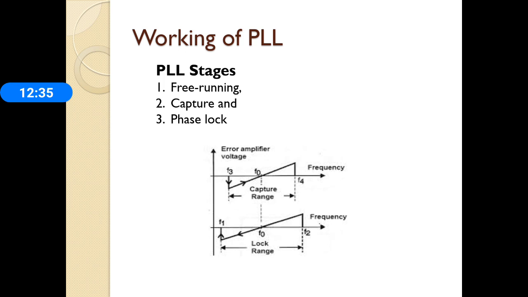This resulting error voltage is then filtered, amplified, and the amplified voltage Vd is applied to the control terminal of the VCO. The VCO frequency becomes equal to the input signal frequency, that is F0 equals Fi. The VCO frequency locks with the input signal up to the point Fi2.